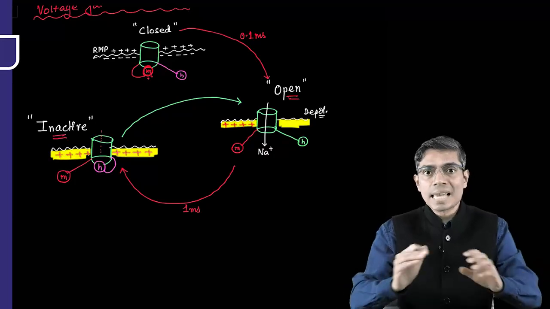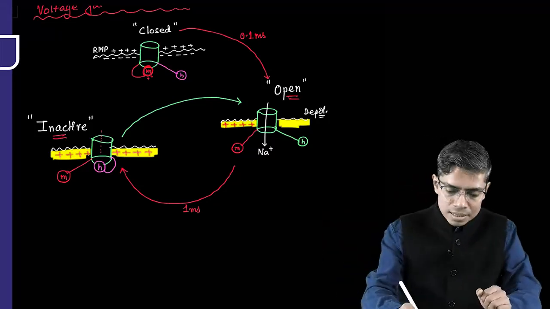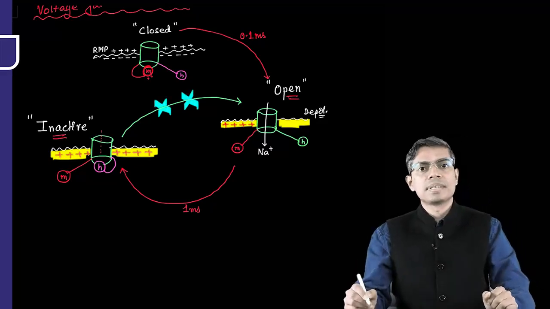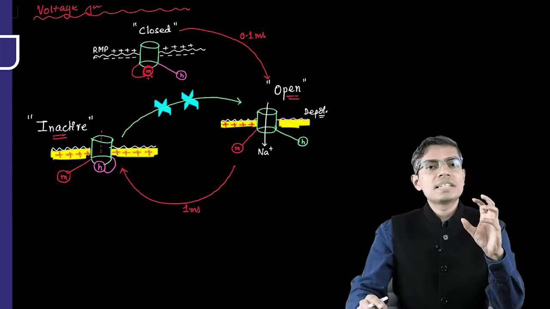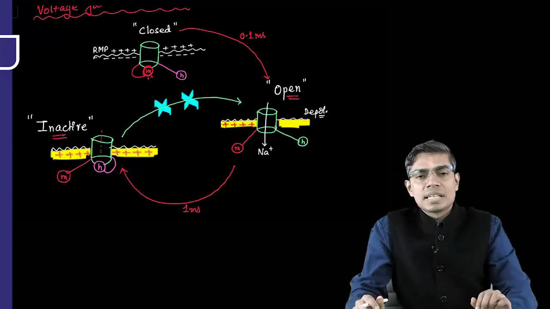Can I open an inactive channel directly to the open stage? This is never ever possible. That's why if a voltage gated sodium channel is inactive, you cannot open it directly.